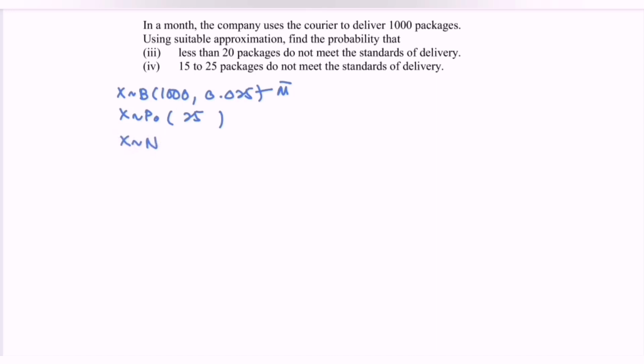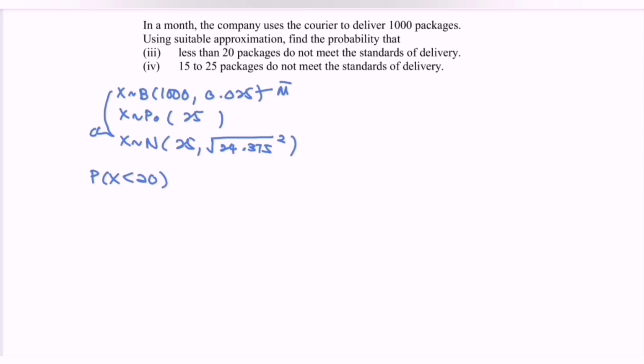Next, using the normal, we have mean 25, and then we have the variance 24.375. Refer to the question: less than 20 packets. So the probability is that X is less than 20 packages do not meet the standard of delivery.